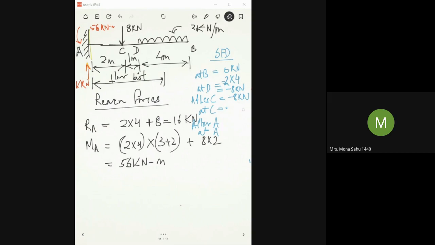I'm just writing it directly, there's no space. Please ask me doubts if you're not able to follow, and stop me. After A again it's going to be minus 16 only, and at A it's going to be 0 kilonewton. Can I draw this SFD?